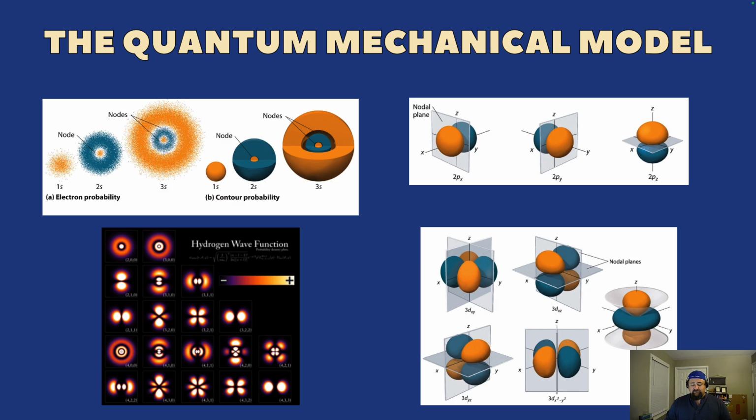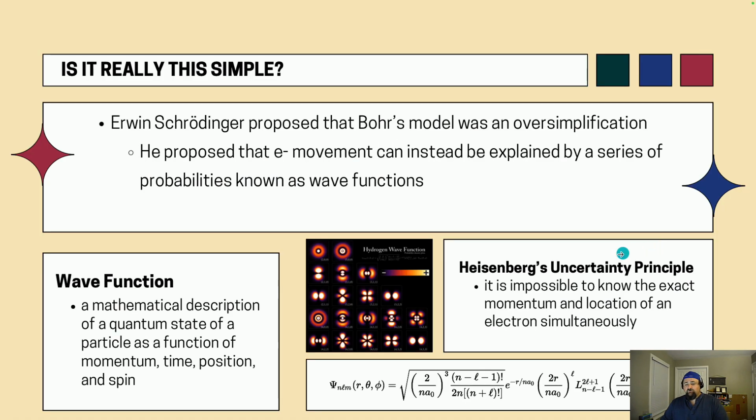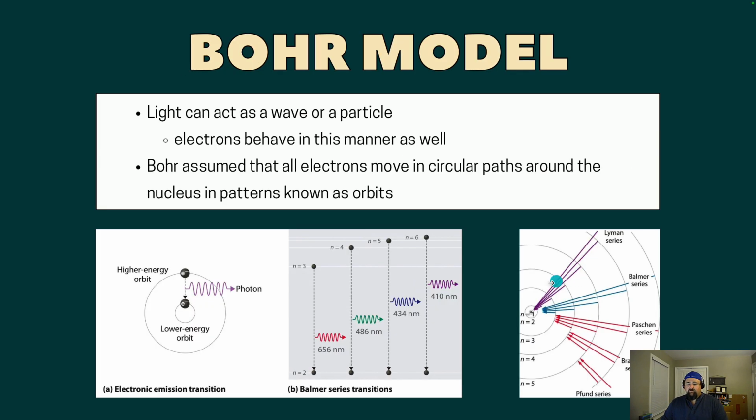So what happens is, as you go away from the nucleus, from n equals 1 to n equals 2 to n equals 3 to n equals 4 to n equals 5, as you travel away from the nucleus, there are subshells to each energy level.